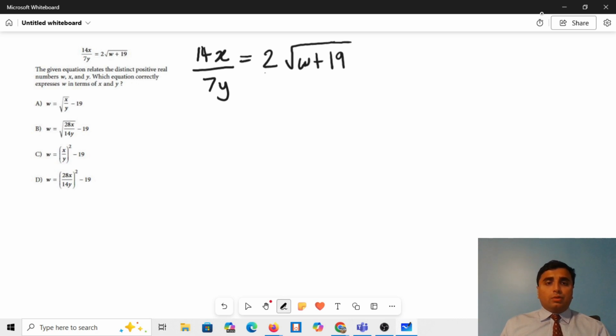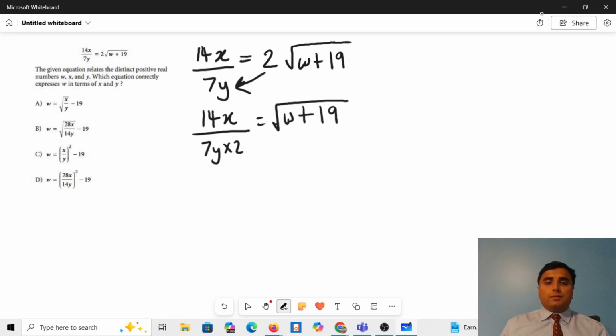Let's bring 2 over to the left side. We'll have 14x divided by 7y times 2, and that is equal to the square root of w plus 19. Then we can continue right here. 14x over 14y, because 7y times 2 is equal to 14y, is equal to the square root of w plus 19.